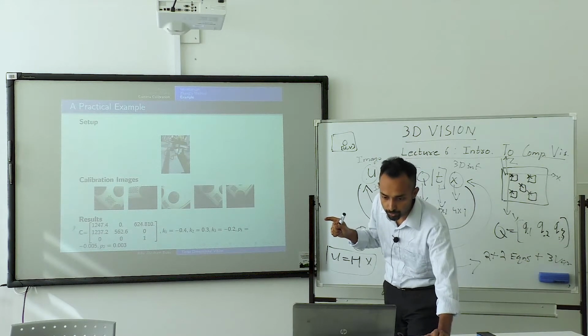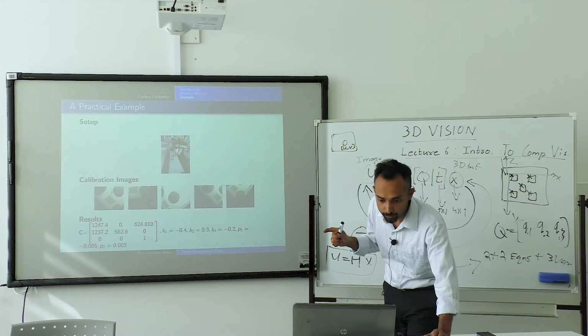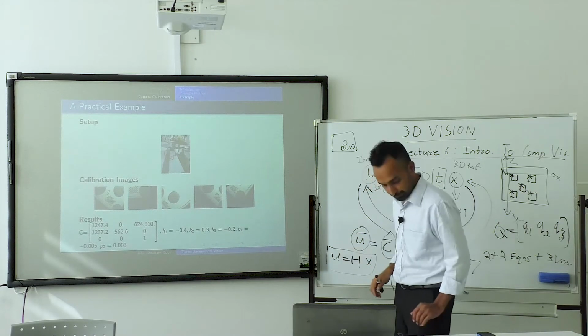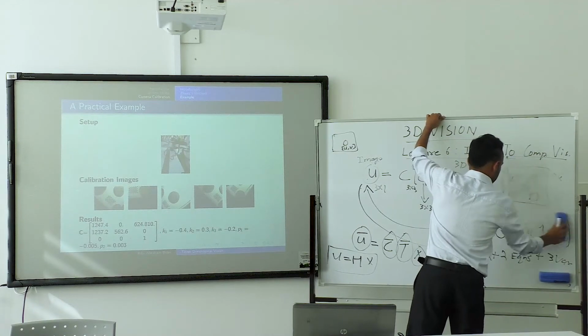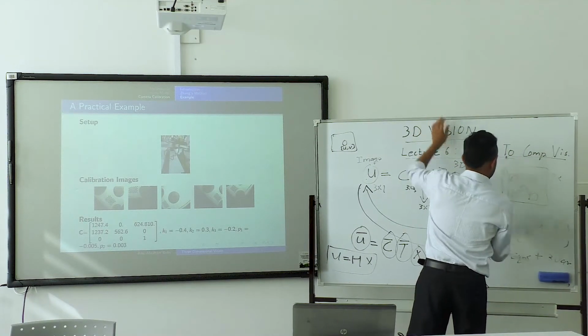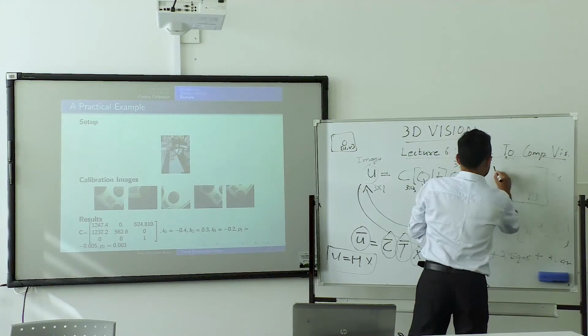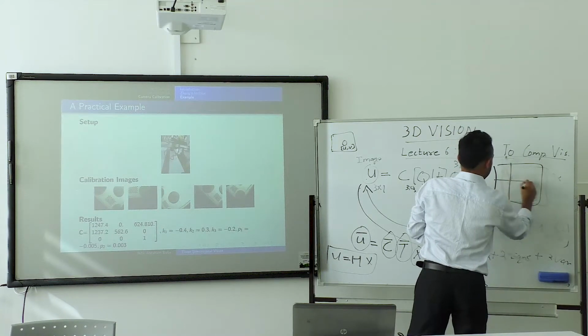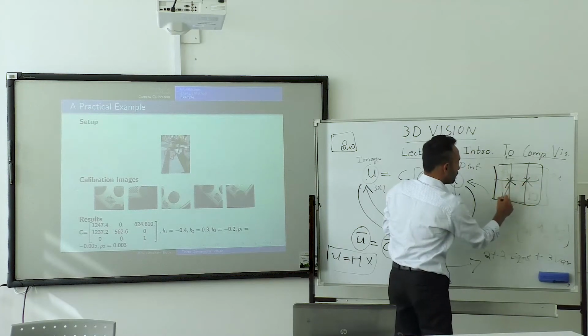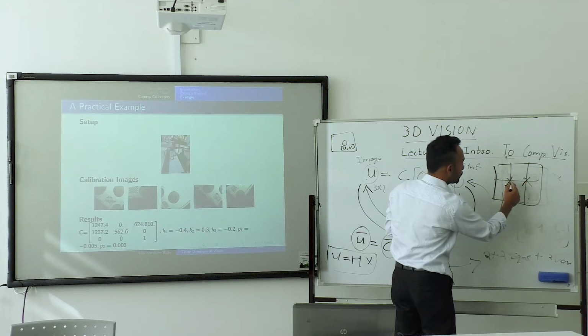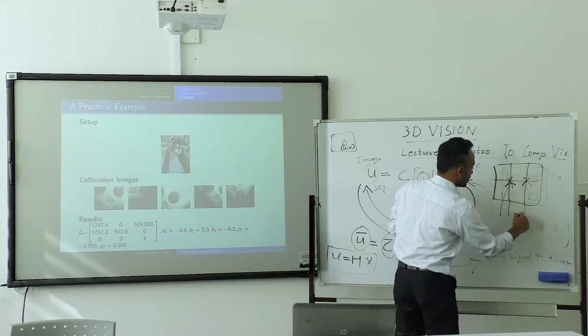So for example, you know the three-dimensional coordinate of this point and this point because you know the size, the distance between these particular two cross sections.